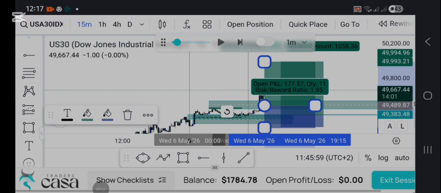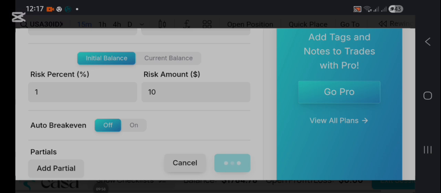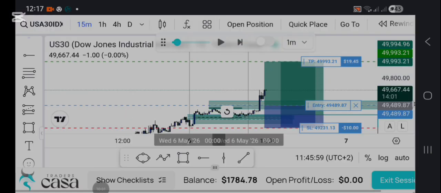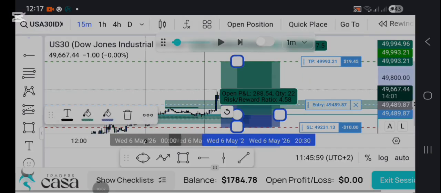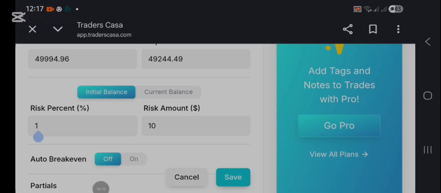So that is what I would do. On my first position I would risk 1%, and then on my second position I would risk 10% of my account. Please do not do what I'm doing.